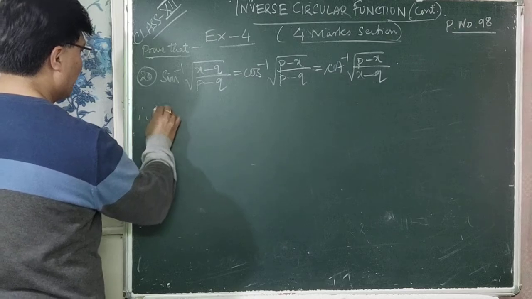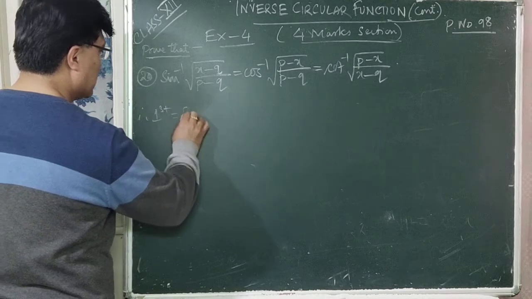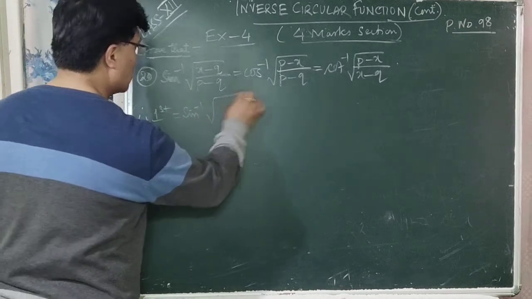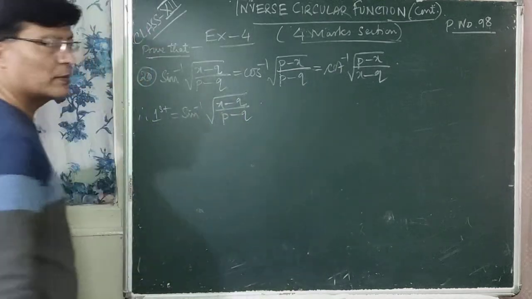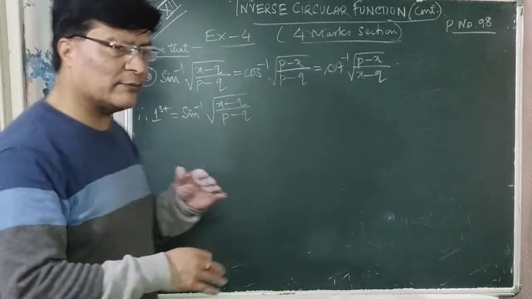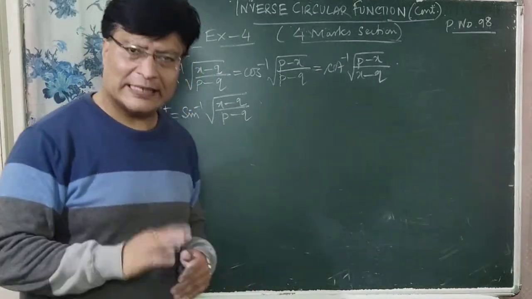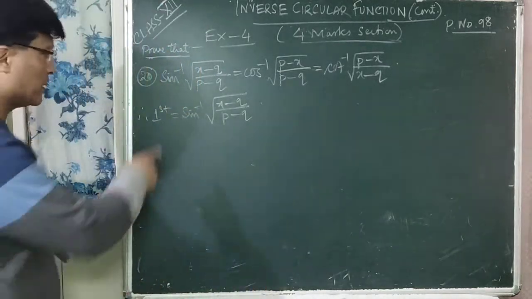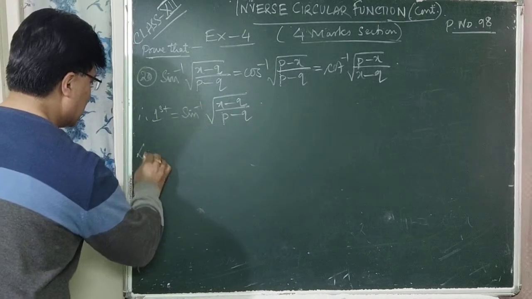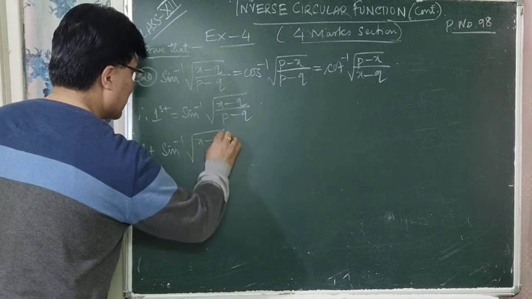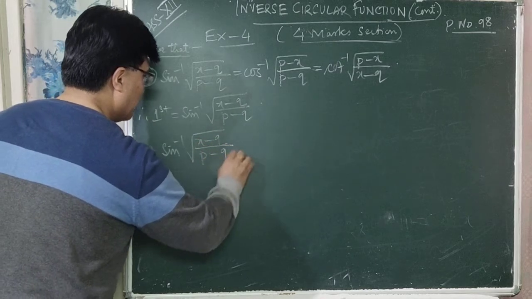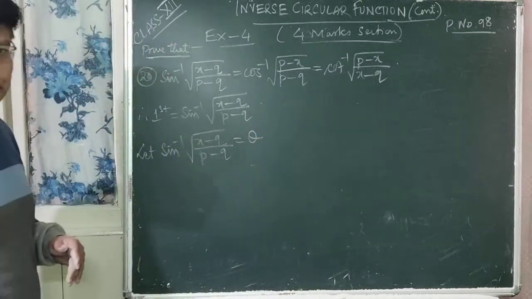So first one here is sin inverse root over x minus q upon p minus q. So you have to convert this sin inverse into cos inverse now. Let us assume this is equal to theta. Let sin inverse root over x minus q upon p minus q is equal to theta, right?